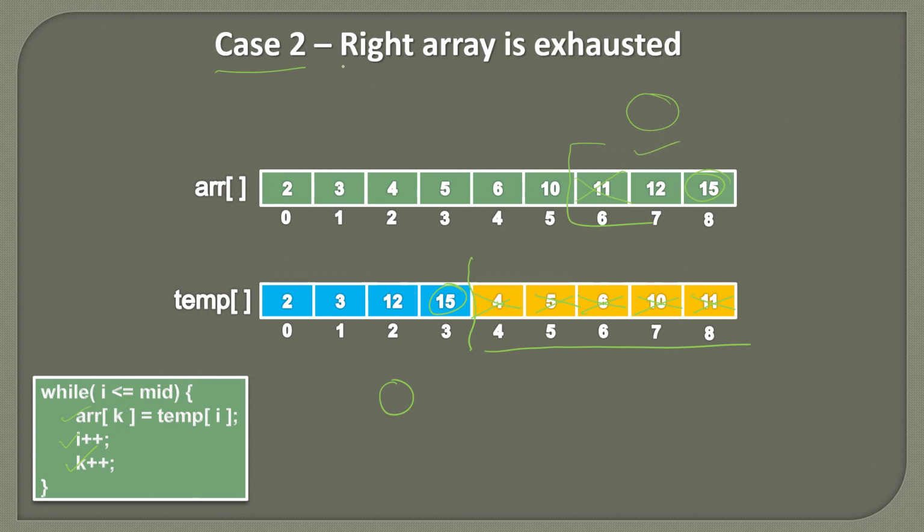But in case 2, if the right array is exhausted and all these elements are present here and there are elements left over in the left part, we need to provide some additional code like this to put them into the respective places.